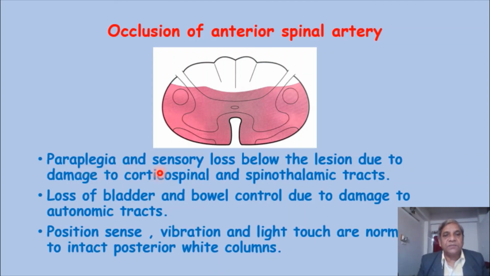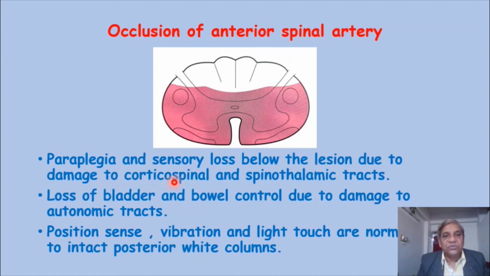So paraplegia and sensory loss below the lesion, because it is taking place on both sides. So sensory loss will also be on both sides. This is in contrast to hemiplegia, where the motor loss and the sensory loss were only in one half of the body. Here it is on both sides.